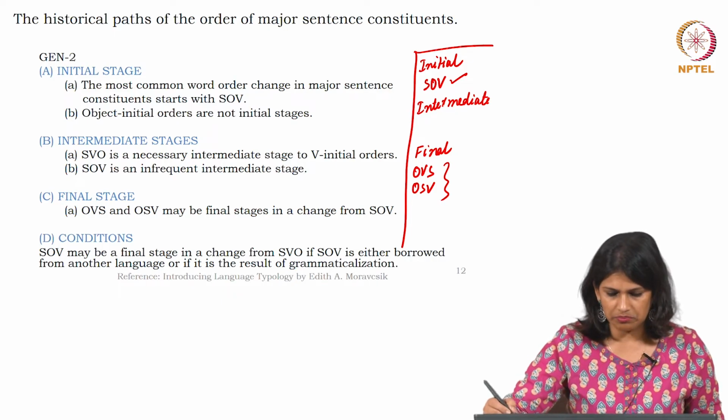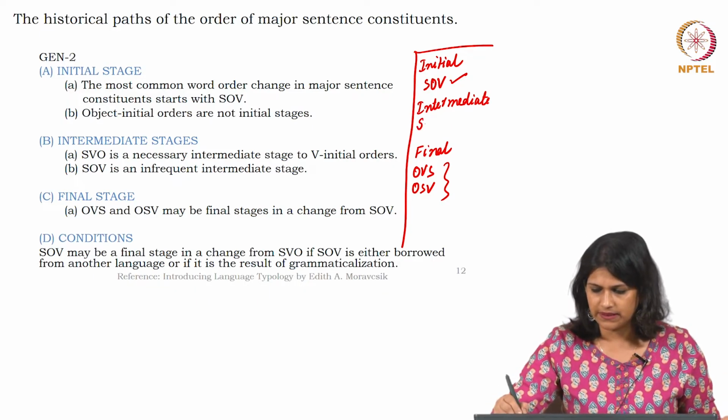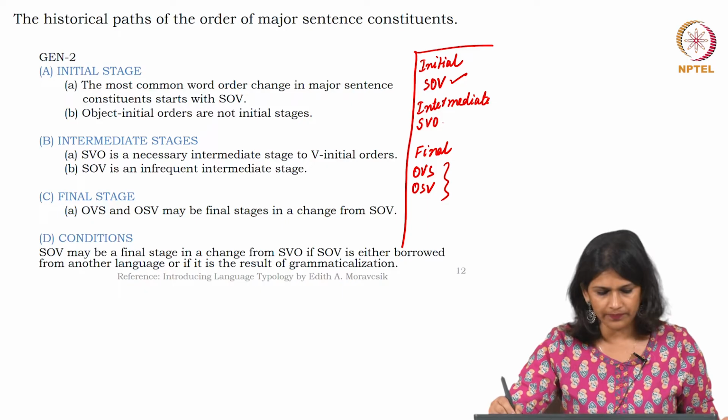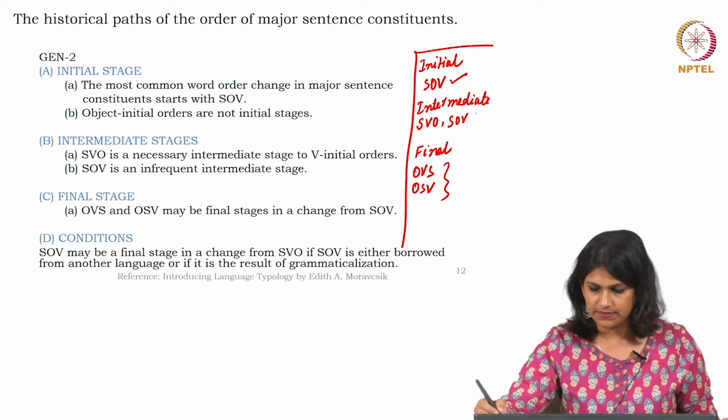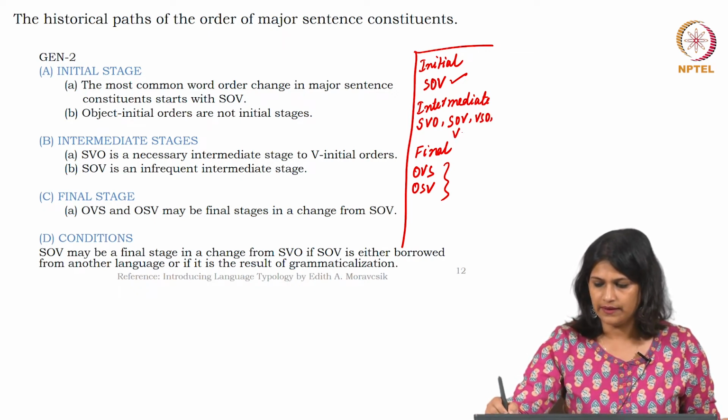So, then what are the intermediate stages? Intermediate stages are SVO, and it could also be SOV sometimes. Then you have VSO and VOS.